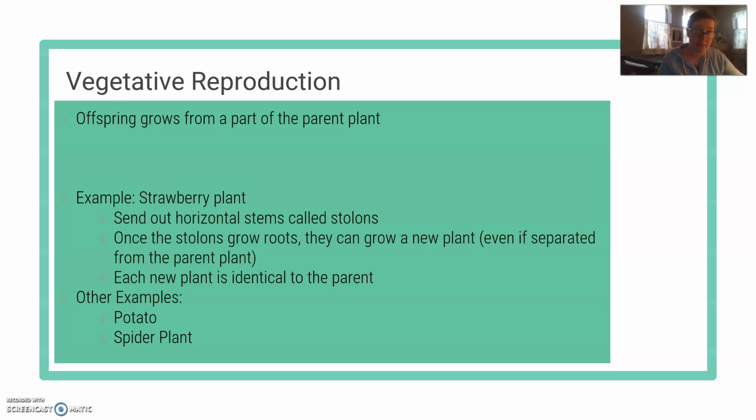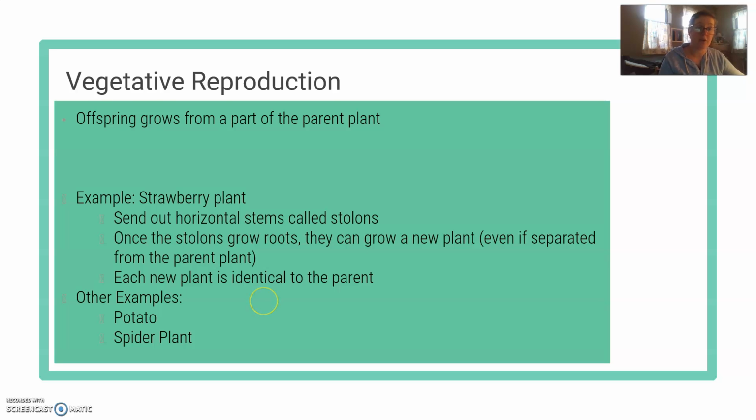through the process of vegetative reproduction. And vegetative reproduction is when an offspring grows from a part of the parent plant. The way to remember the difference between budding and vegetative reproduction is that vegetative reproduction is only used by plants.